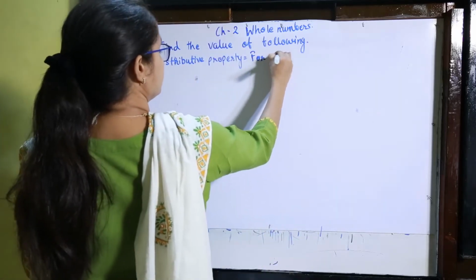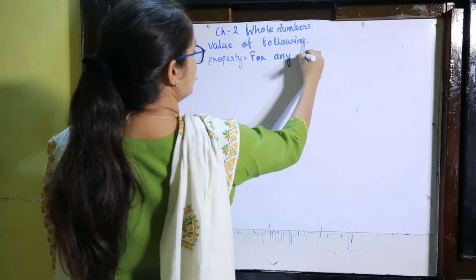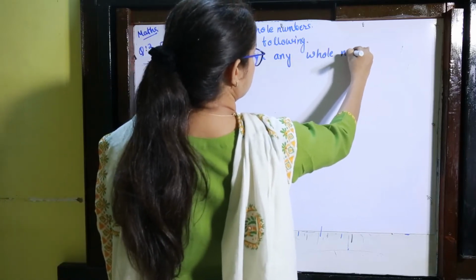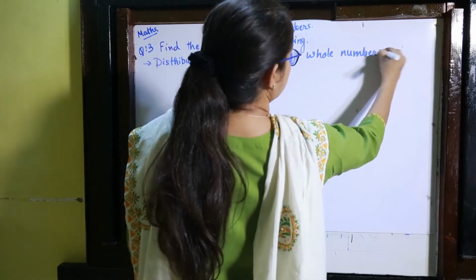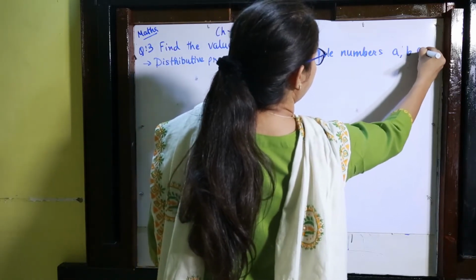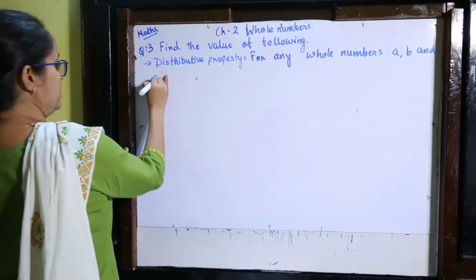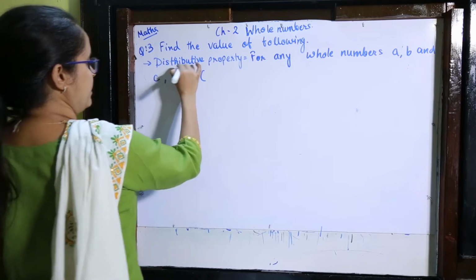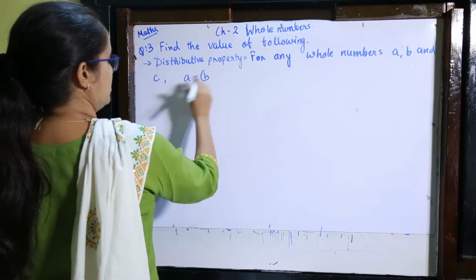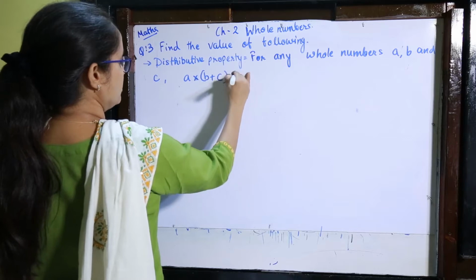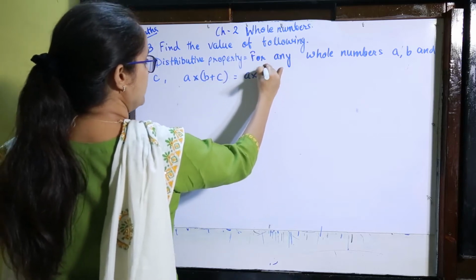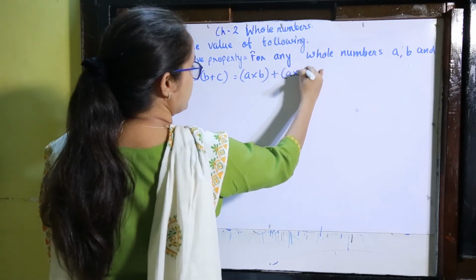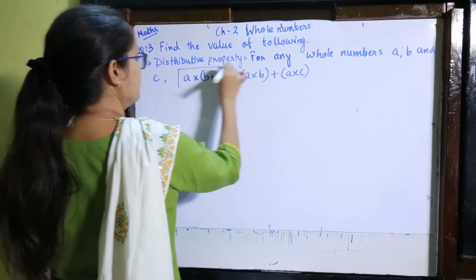For any whole numbers A, B and C, A multiply by (B plus C) is equal to (A multiply by B) plus (A multiply by C), with the addition sign in the middle.